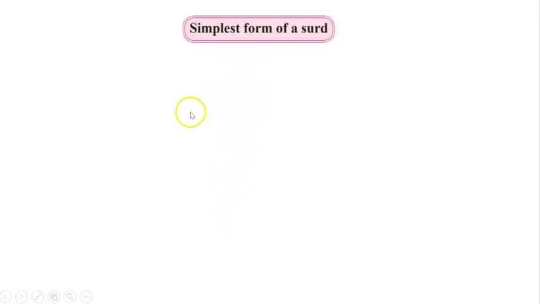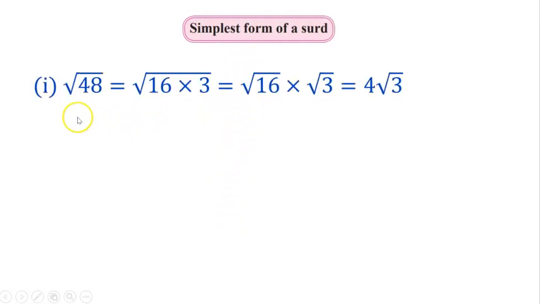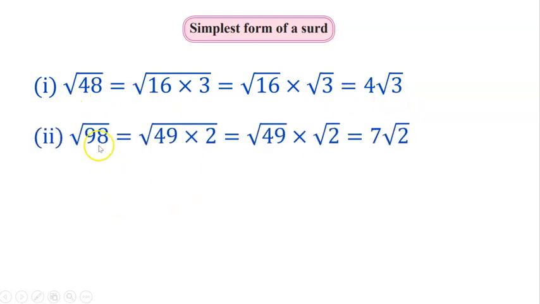Now, simplest form of a surd. First, root of 48. Root of 48 can be written as root of 16 into 3. Now, separate it. That is the root of 16 into root of 3. What is the root of 16? It is 4. Therefore, 4 root 3. And this is the simplest form of the surd. Root of 98.